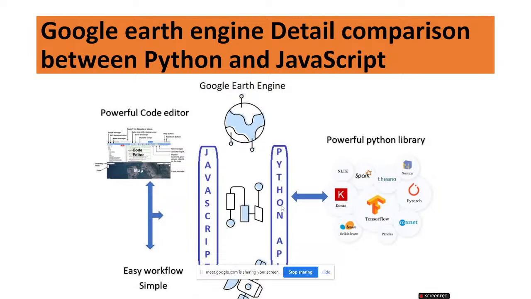But the Python API has powerful Python libraries such as Keras, TensorFlow, Pandas, NumPy, scikit-learn. All of these powerful libraries we can easily access from Python and use in the Google Earth Engine platform. So first we focus on JavaScript programming and develop all of the code, then you can easily convert all of the code to Python and work with it.